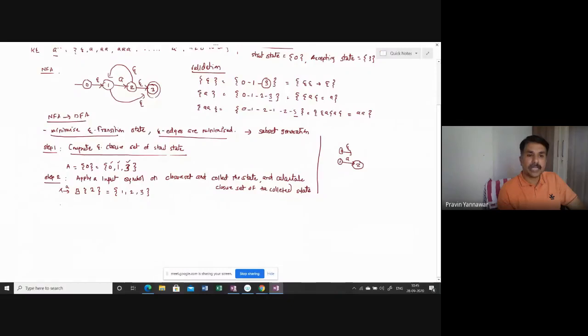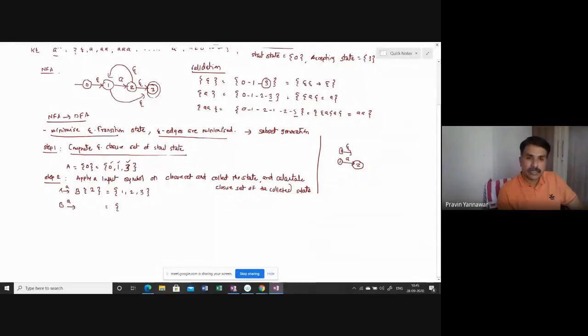Once we have got B, we are going to apply the same input symbol, A. Can we apply the same input symbol here? Yes, on the closure set 1, 2, and 3.